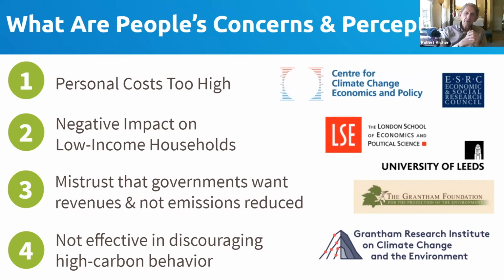The second slide shows people's concerns about a carbon tax, and you hear these points made today by critics of a carbon fee. A synthesis of 26 studies was done to identify how to make carbon taxes more acceptable. The slide shows the 4 main concerns people have: that the personal costs are too high, it's going to hurt low-income households, they don't trust government, that they just want the revenues, and it's not effective in discouraging high carbon behavior. The beauty of the CCL policy is that the first three of these are addressed directly by the equitable dividend.